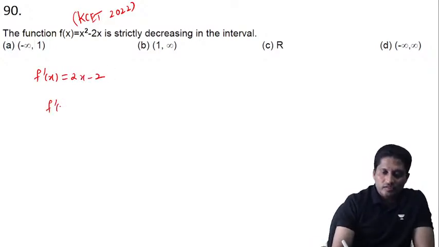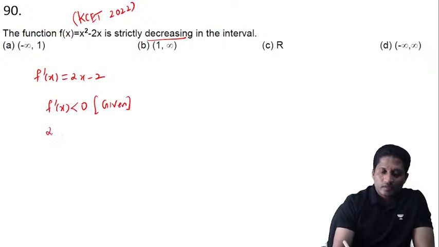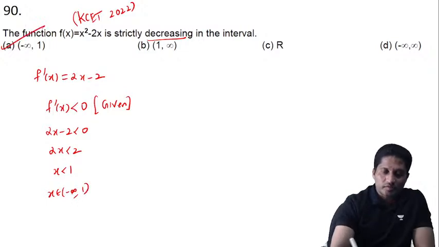If f dash of x is strictly decreasing, f dash of x is less than 0, this is given. Now 2x minus 2 is less than 0, 2x is less than 2. So x is less than 1, x belongs to minus infinity comma 1, open interval. Answer is option A.